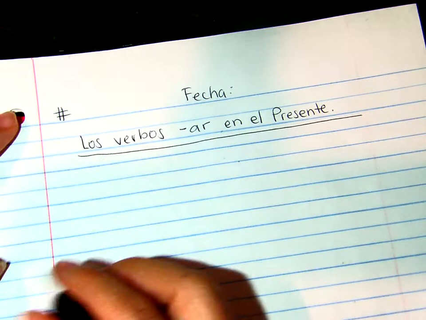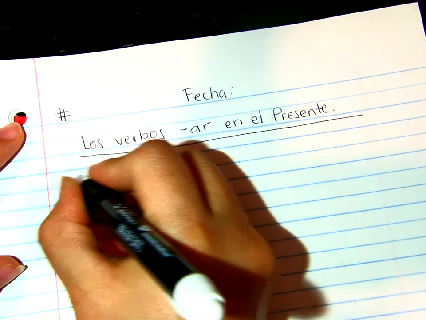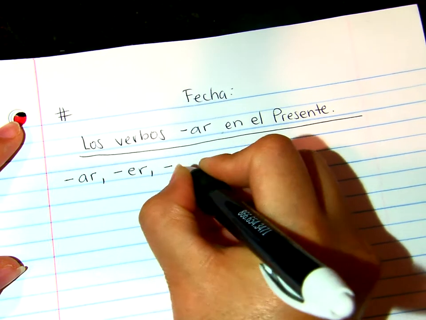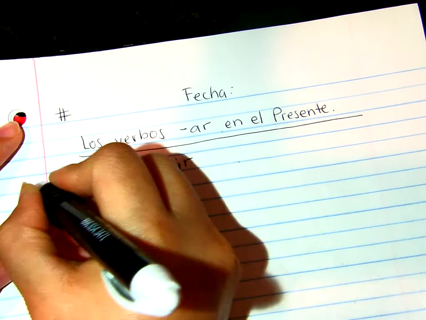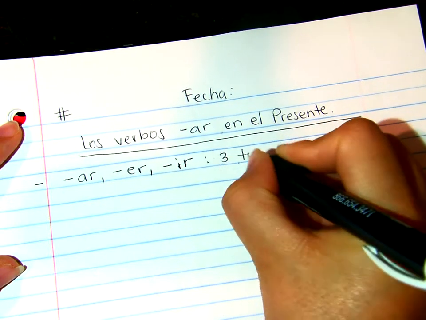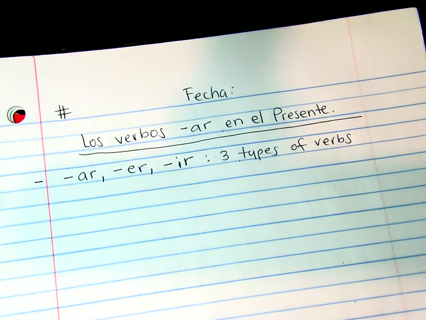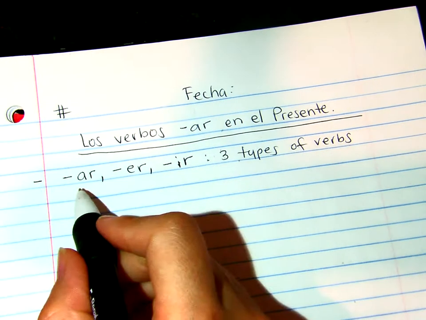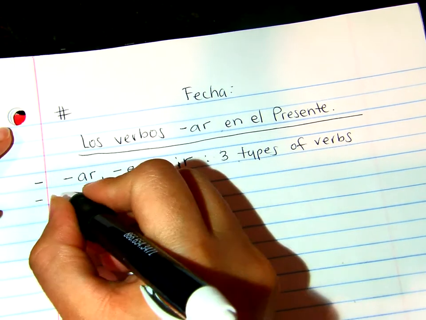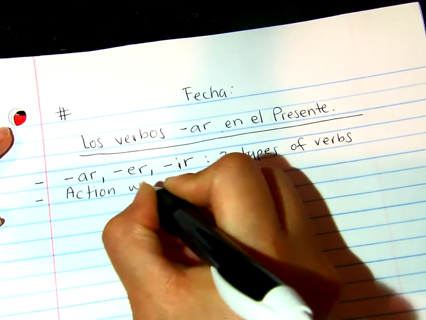In Spanish, there are three types of endings for verbs. One is AR, the other one is ER, and the other one is IR. So that means that the ending of the word ends in either AR, ER, or IR. Verbs are action words, right?